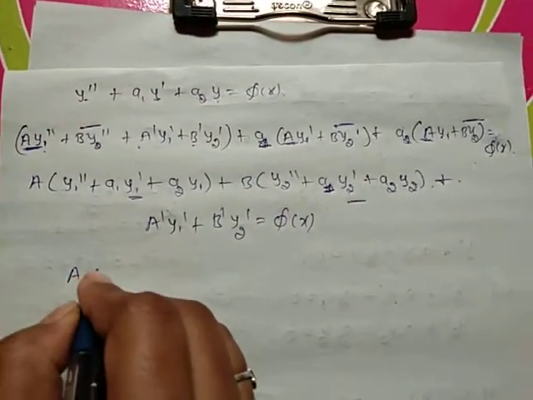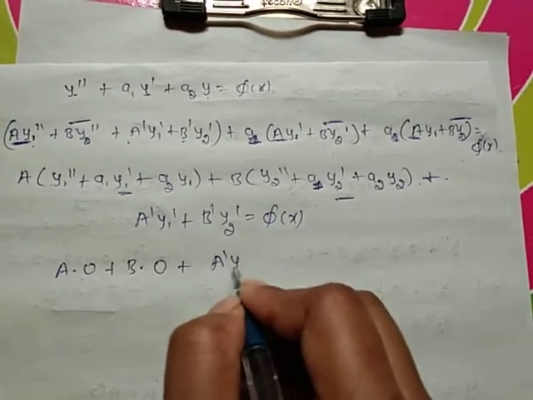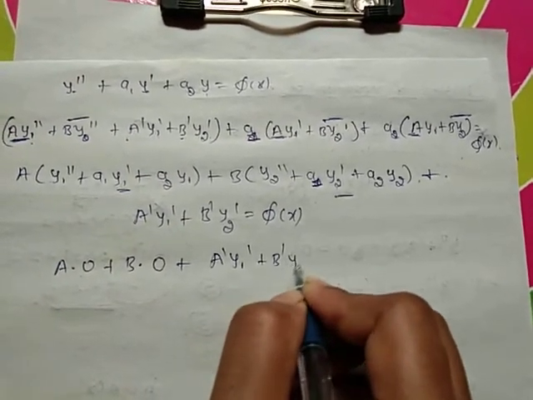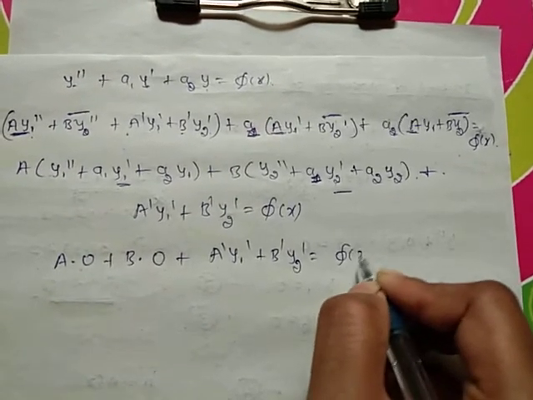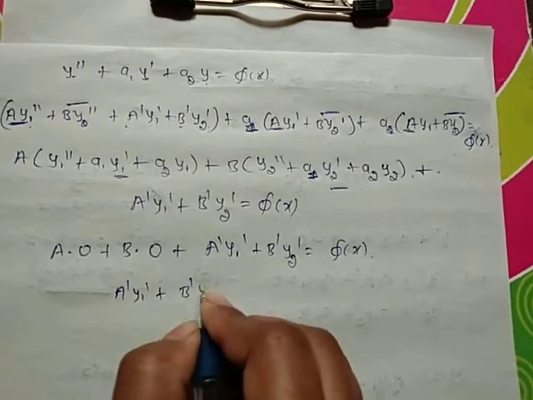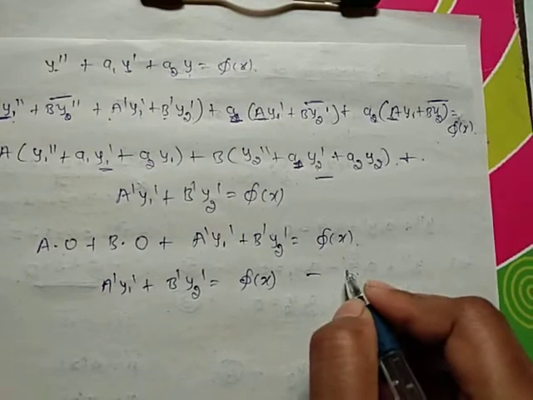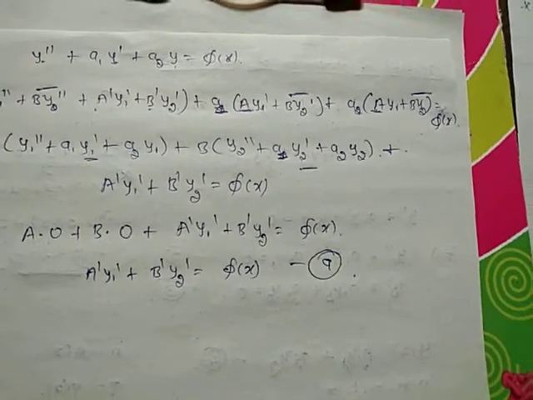Then it becomes a into 0, b into 0, a dash y1 dash plus b dash y2 dash is equal to xi of x. Then it becomes a dash y1 dash plus b dash y2 dash is equal to xi of x. Call this one equation 9.